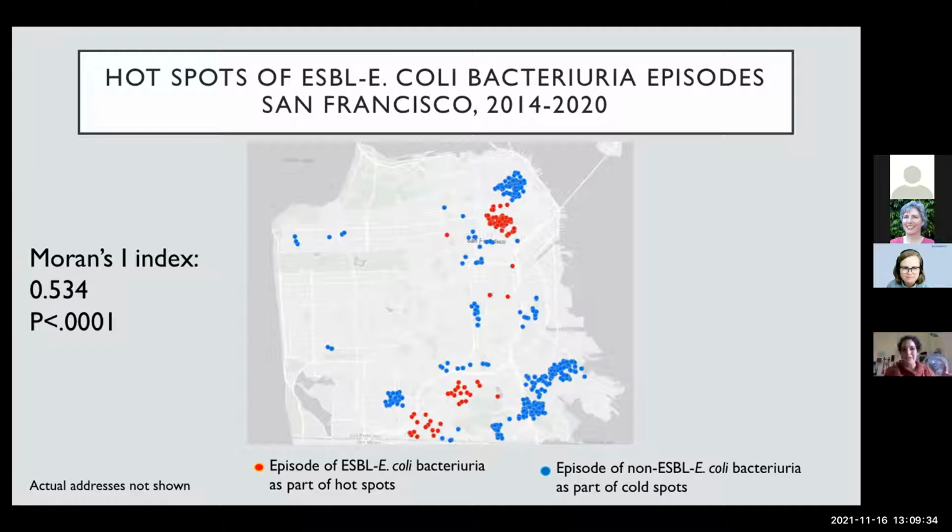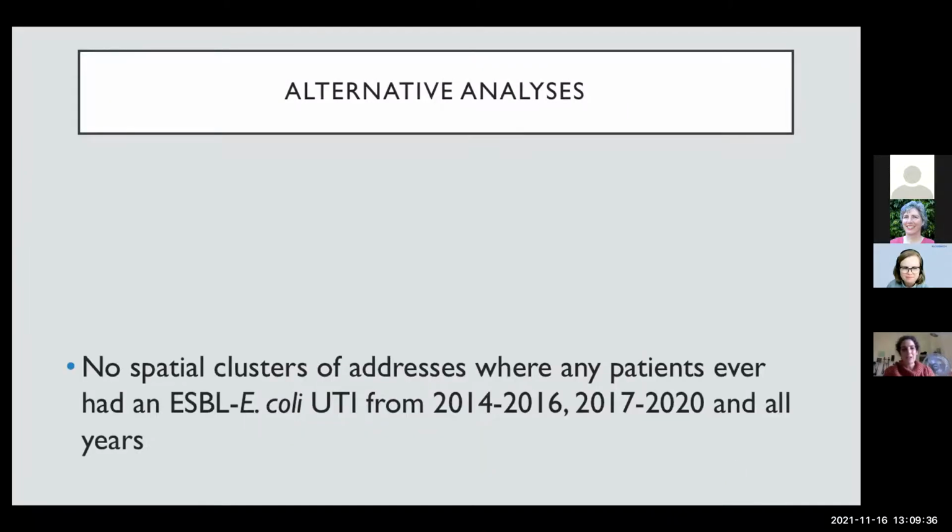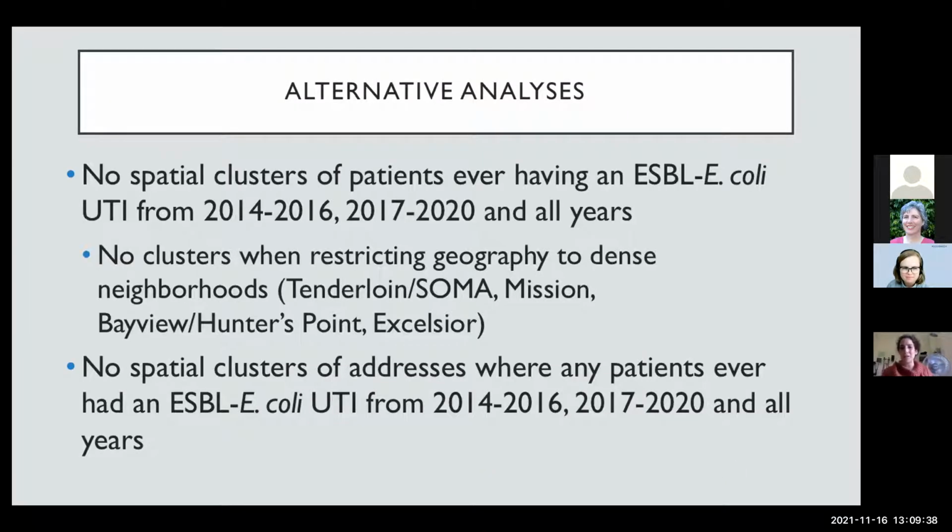So we see these clusters, but when we decided to look at, well, what about if we just look at anybody who's ever had an ESBL E. coli causing a bacteria or UTI, do those cluster? And no, they don't. Then we said, okay, so what about if we looked at smaller geographies?